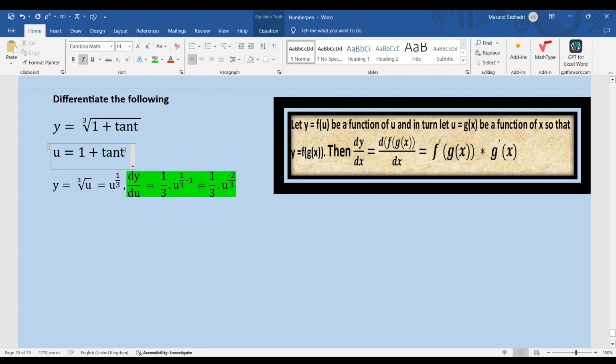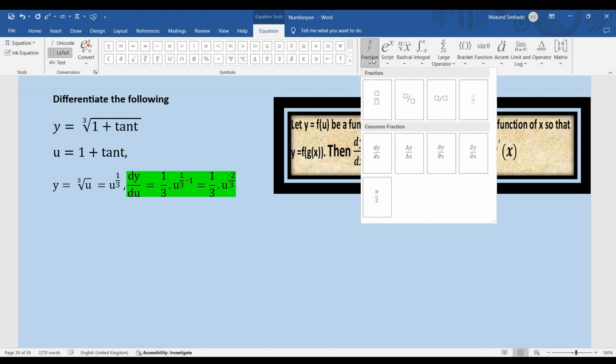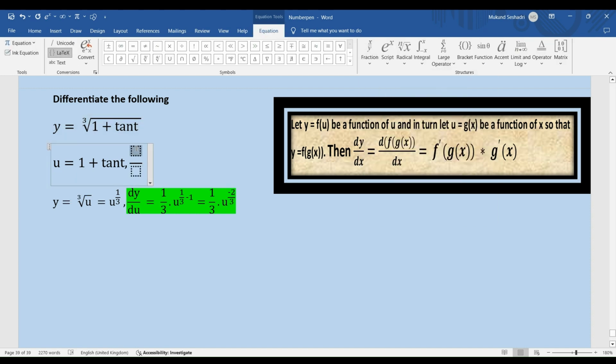But I've been asked to find dy by dt. So before I arrive at using the chain rule, what is my du by dt? Let's work it out. My d by dt of 1 plus tan t, again I do a sum rule.